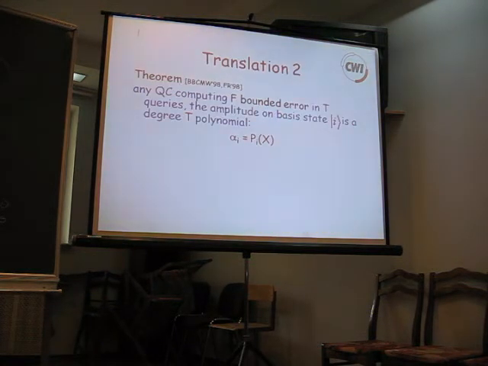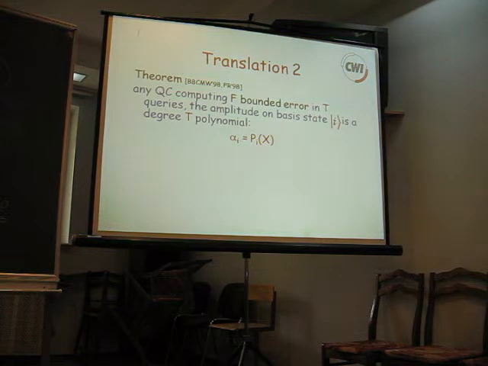Okay, so now there's an easy corollary, so to speak, of the proof I just showed to you, that says that if I have a quantum algorithm or a quantum computer that computes f in the bounded error setting, and it makes t queries, then the amplitude on basis state i, well, this is what I just told you, it can still be expressed as a degree t polynomial, same proof.